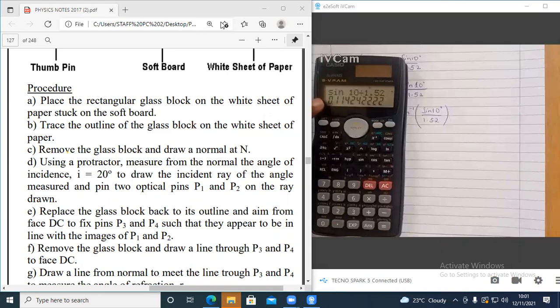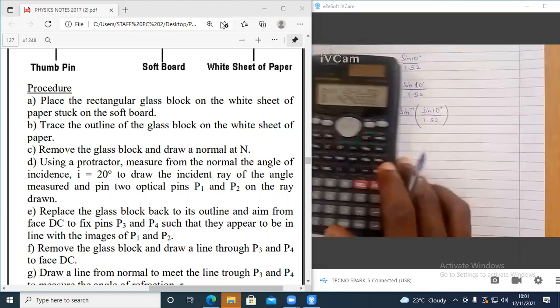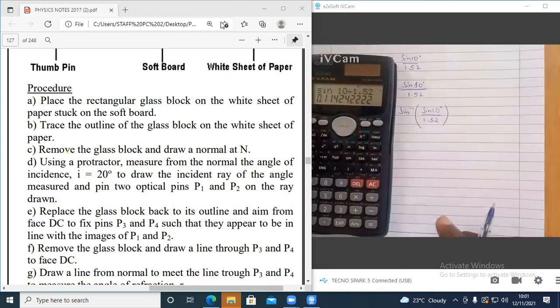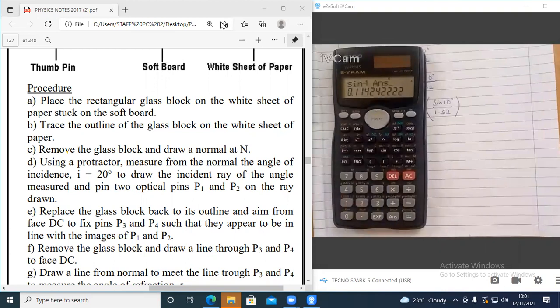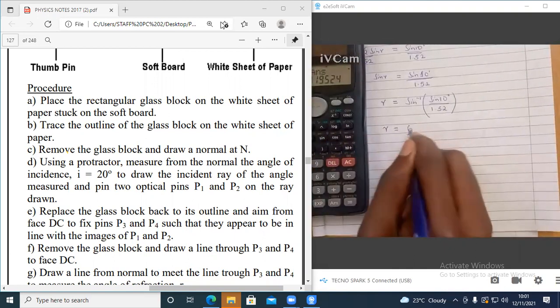We get 0.114. Now to get the sine inverse, you press shift and sine. What is the answer? 6.5599.